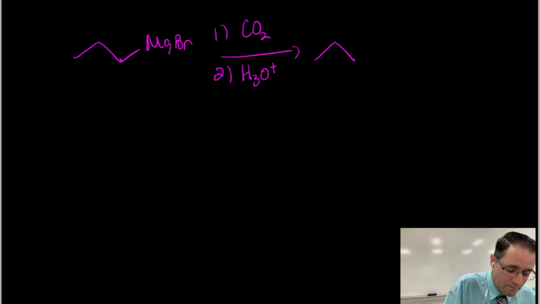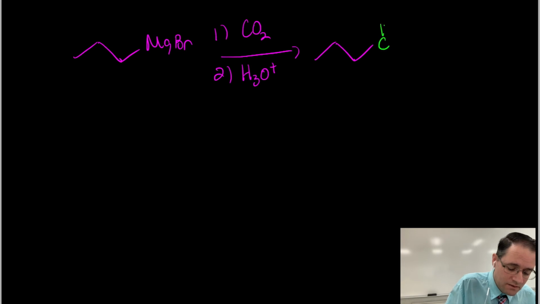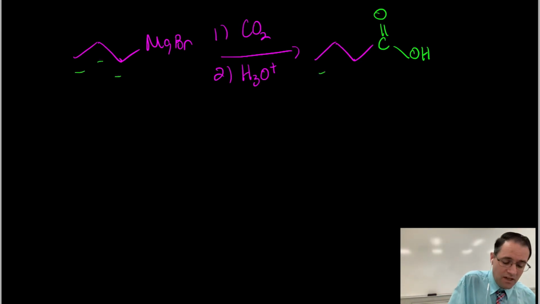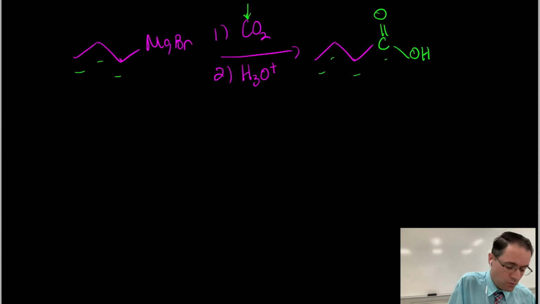We will make a carboxylic acid in a very similar fashion with 1 additional carbon. So we started with 3 carbons, and now we end up with 4 carbons. Where did that carbon come from? It came from the carbon in the carbon dioxide, okay? So how does this work?